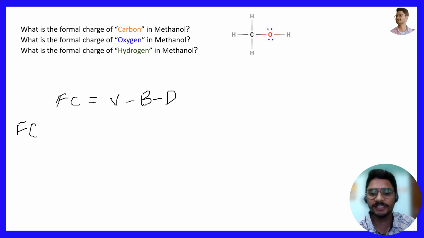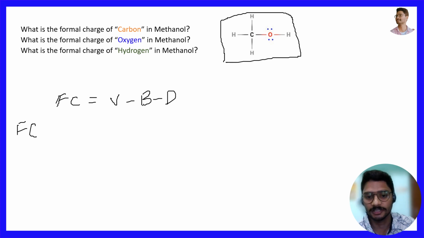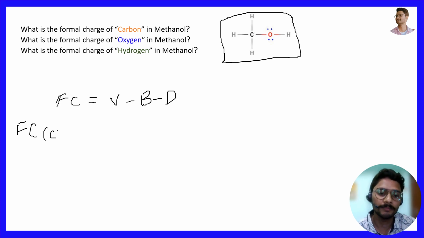This is the structure of methanol in Lewis dot structure. Now we are going to find out the formal charge of carbon. What is the valency of carbon? I am very sure that you all know the valency of carbon atom.